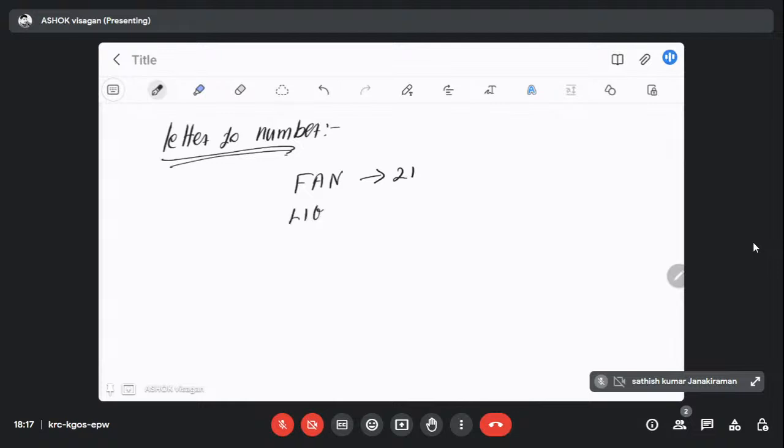What is the code for the word LIGHT? We will just try to find out the answer. Fan is coded as 21. Then what is the code for the word light? What can be the possible answer for this?